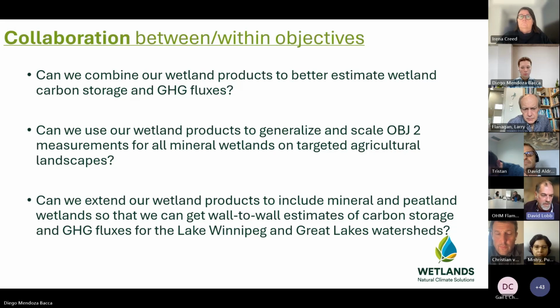The third question, can we extend our wetland products to include mineral and peatland wetlands so that we can get wall-to-wall estimates of carbon storage and greenhouse gas fluxes in the Lake Winnipeg and Great Lakes watersheds? And I believe the answer to this third question is yes, but our estimates will be the best available.